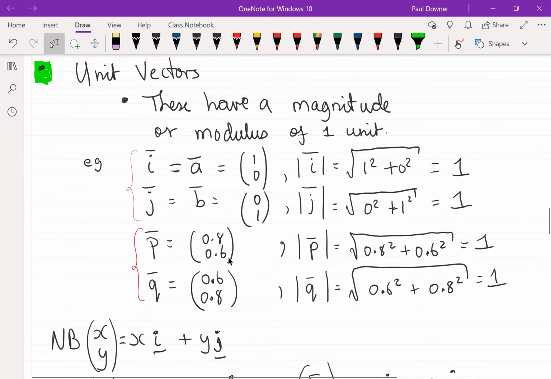You square the X component, you square the Y component, add them together, and find the square root. You would find that the answer is 1. Similarly, for this one, if you do the same thing, you get the answer of 1.